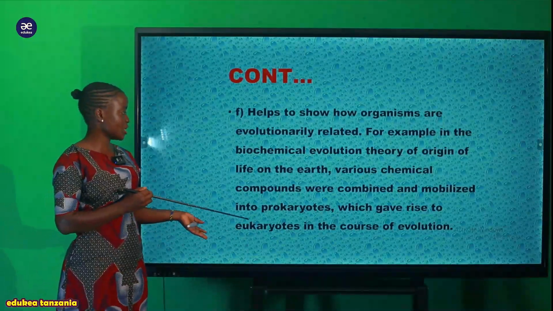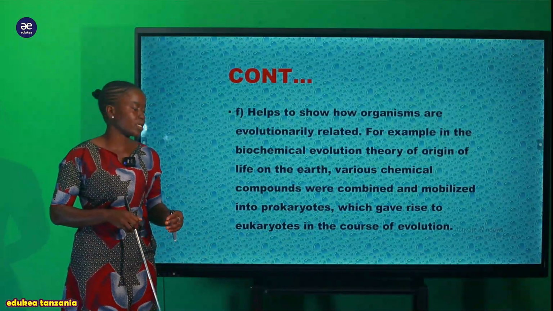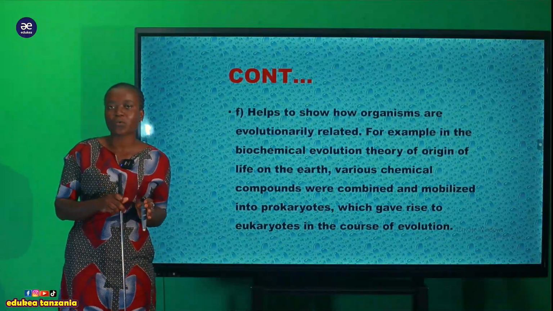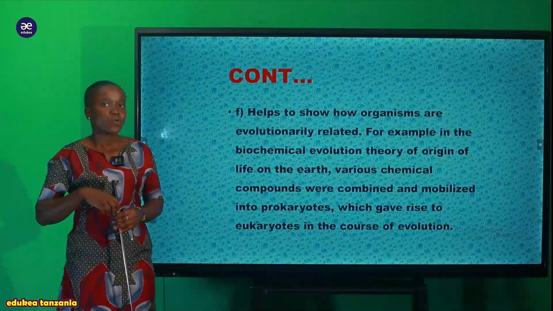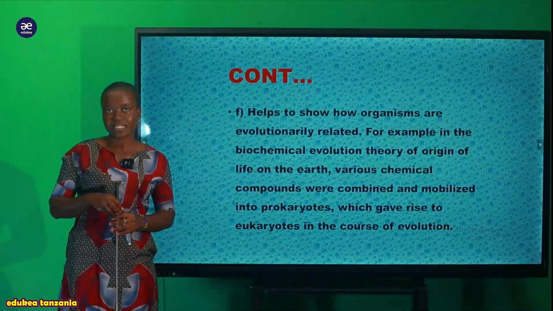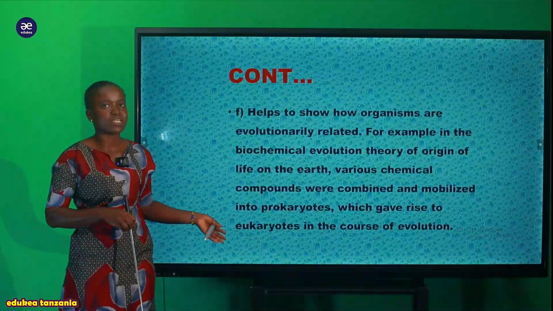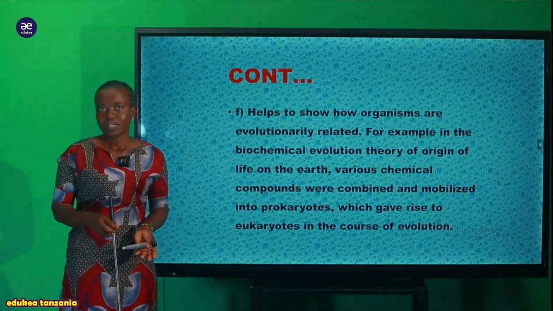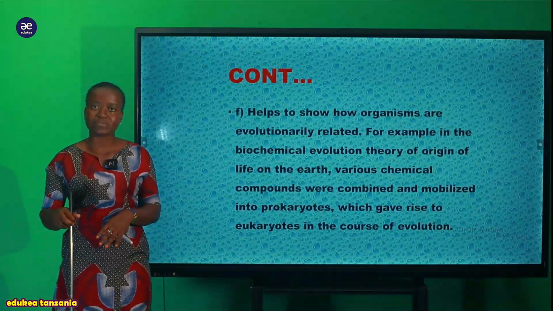So for example, tukiangalia kwenye hii prokaryotic cell, they have a structure ambayo inakuwa na ufanano mkubwa sana na structure ambayo inapatikana kwenye eukaryotic cell. For instance, kwenye prokaryotic cell, you can see there is mitochondria, but also within the eukaryotic cell, also there is mitochondria.